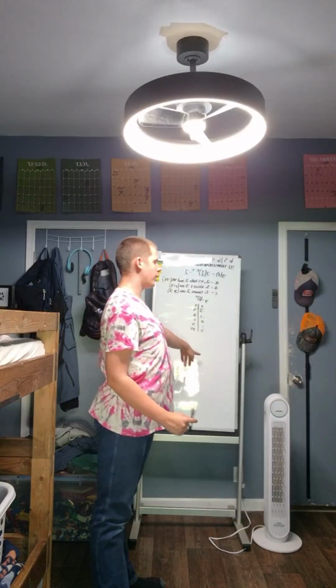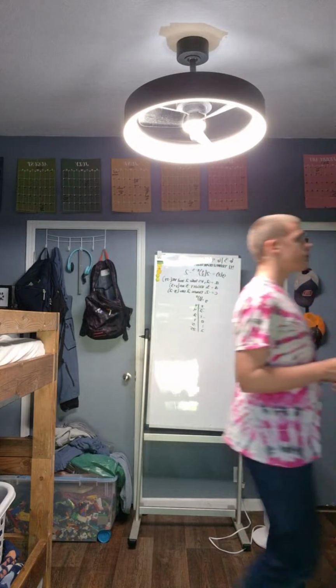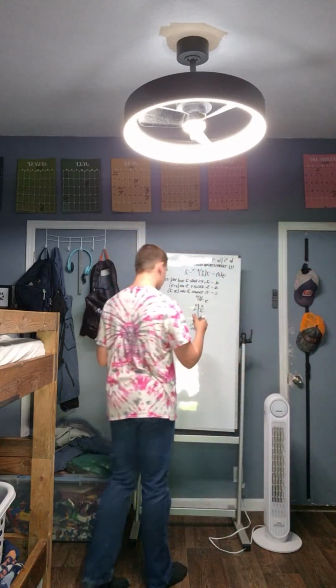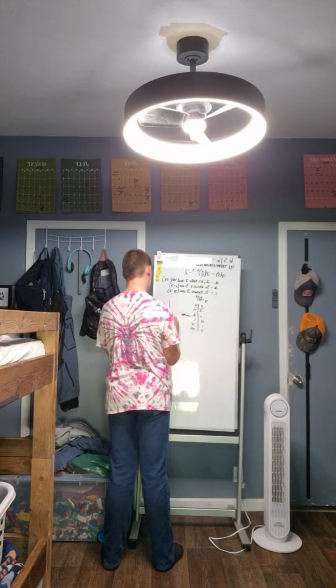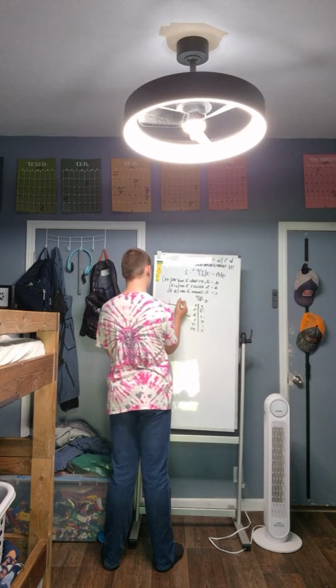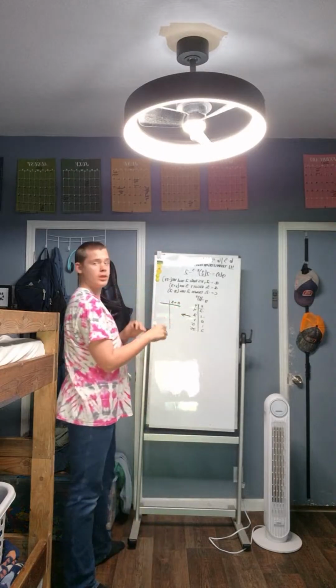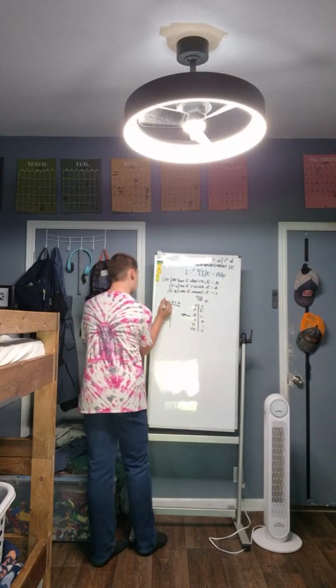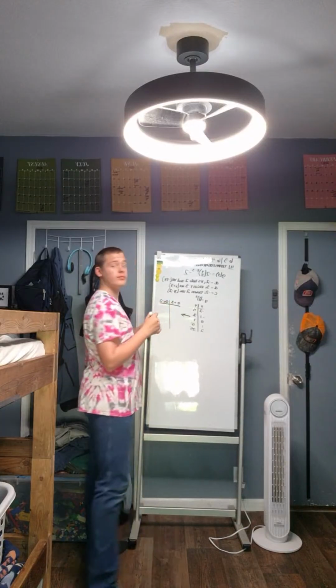Okay. So now we're going to add all the x's by 3. So what if we take x plus 3? And then on the right hand side, we have negative 2y minus 2.